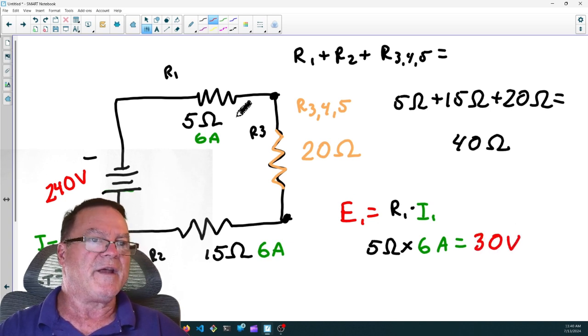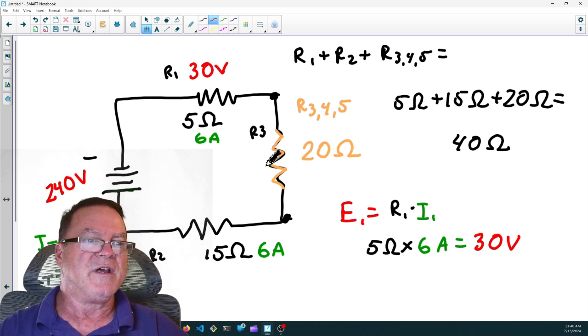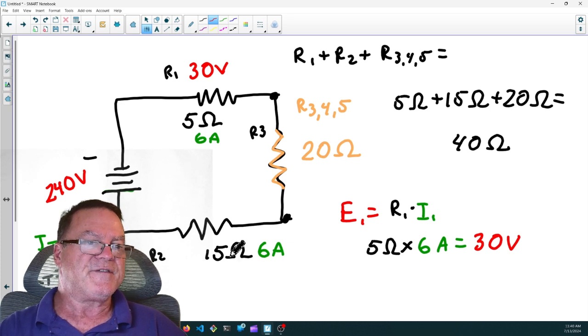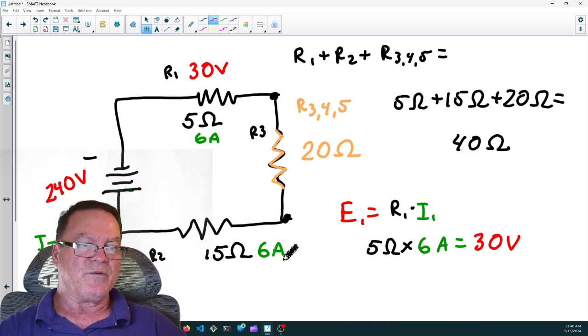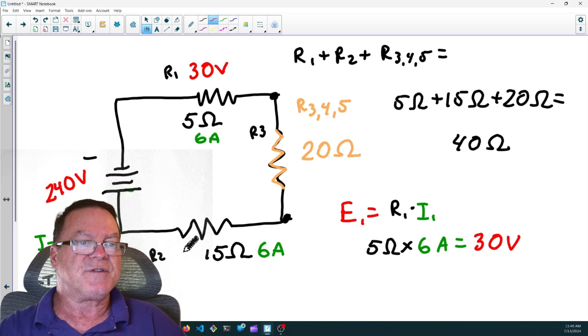So we'll put that across R1, 30 volts. Same with this, we have 15 ohms times 6 amps. So that's 90 volts.